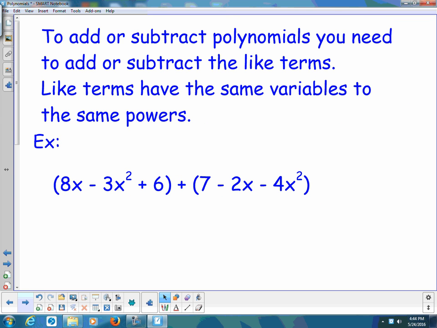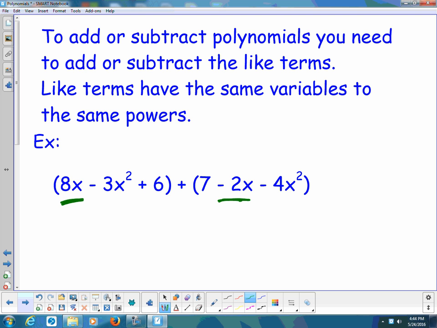All right, to add or subtract polynomials, you need to add or subtract the like terms. Like terms have the same variables raised to the same powers. So in this case, if we are adding these two polynomials together, I see an 8x here, and do I have any other x's?